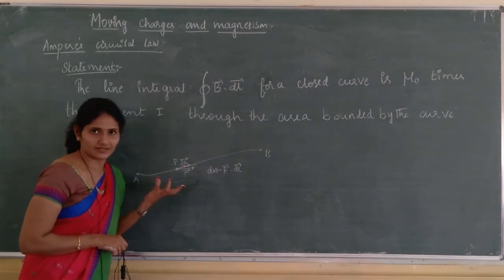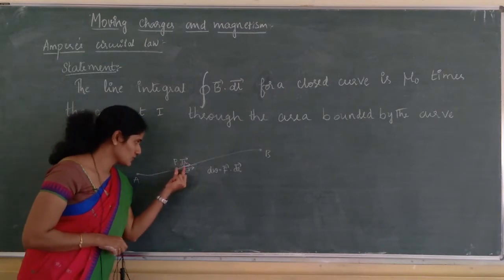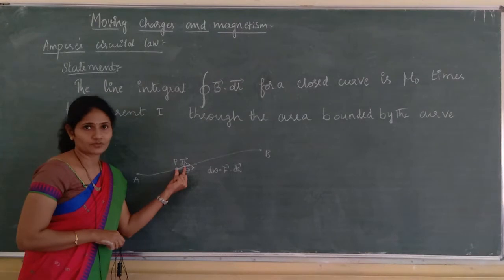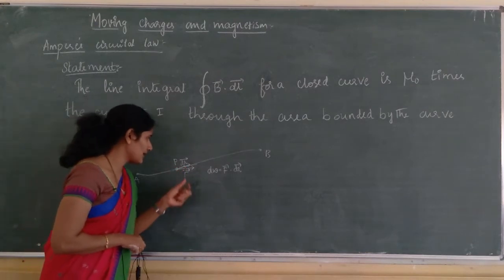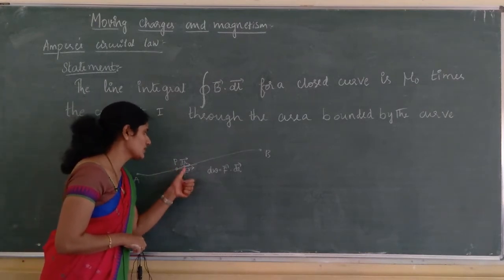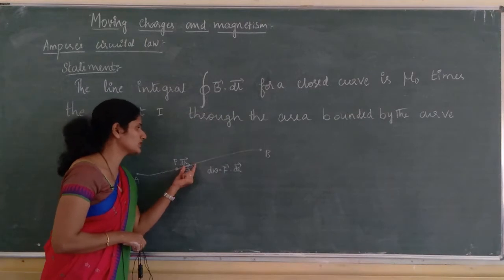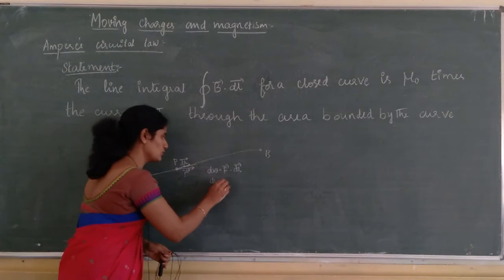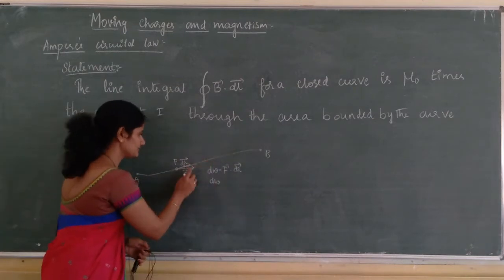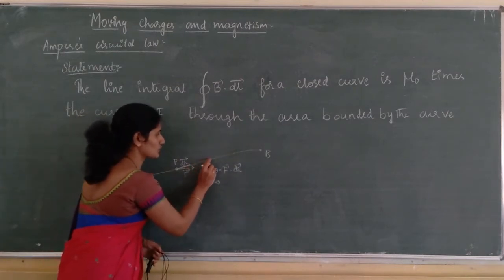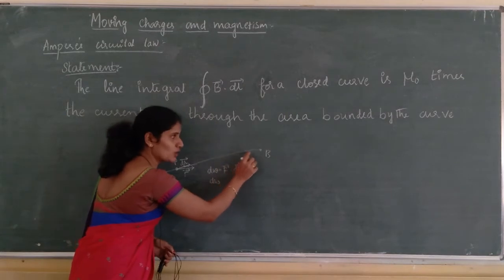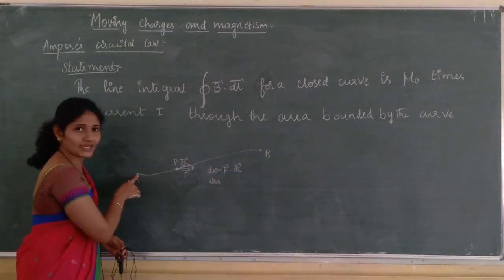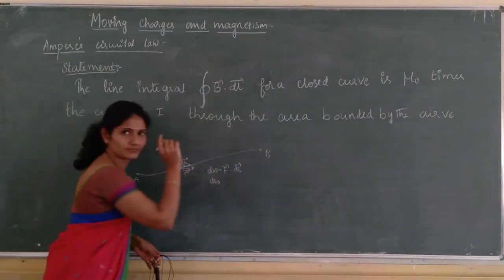This small work is represented as dW. Similarly, we apply force to move the object from here to here and get dW. Like this, we keep applying force and finally the object reaches the point B, from A to B.